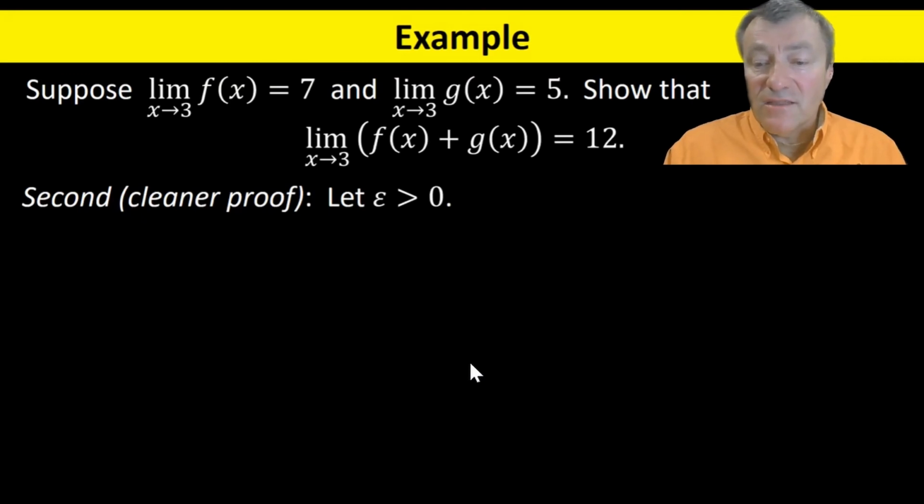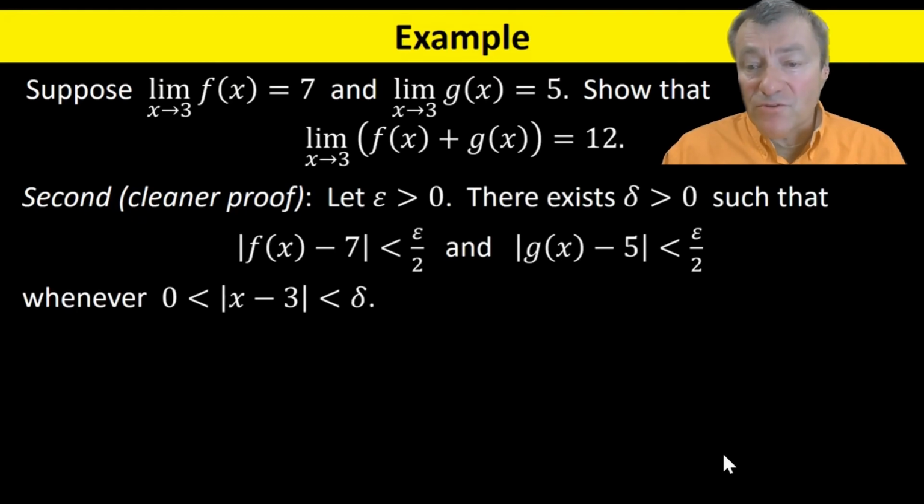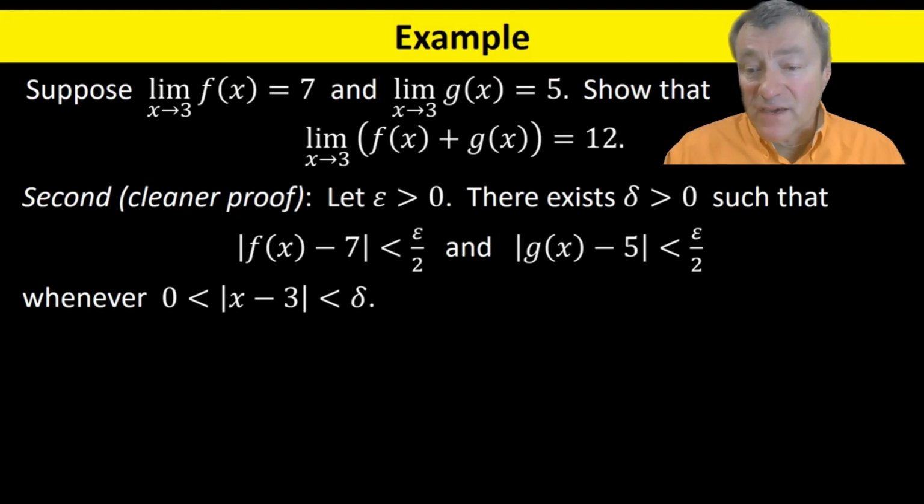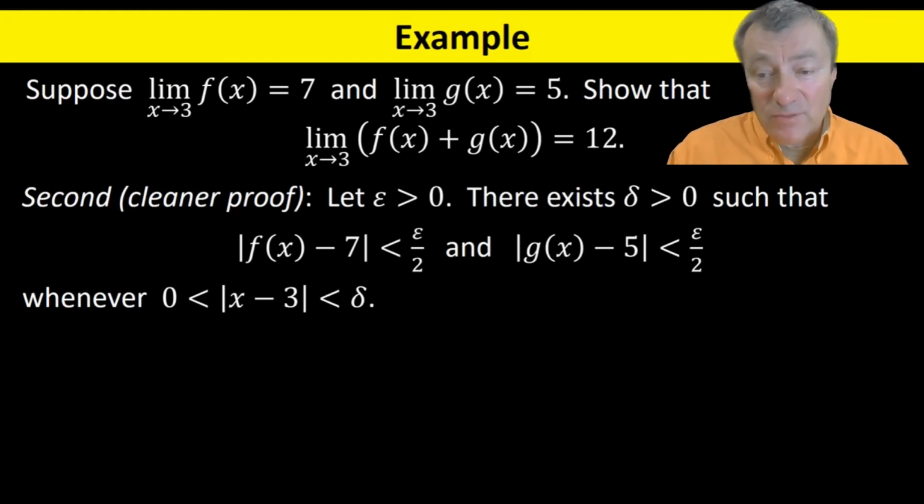Once again, let epsilon be positive. I will force both f of x and g of x to be within epsilon over 2 of their respective limits. Why epsilon over 2? That way the final bound will work out to be epsilon. Remember, we ended up multiplying by 2 at the end. So this way we get it to come out to be epsilon.